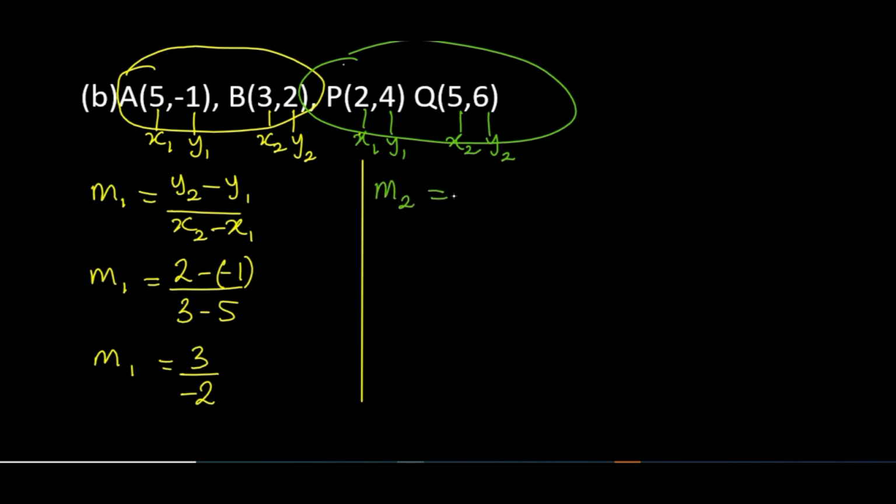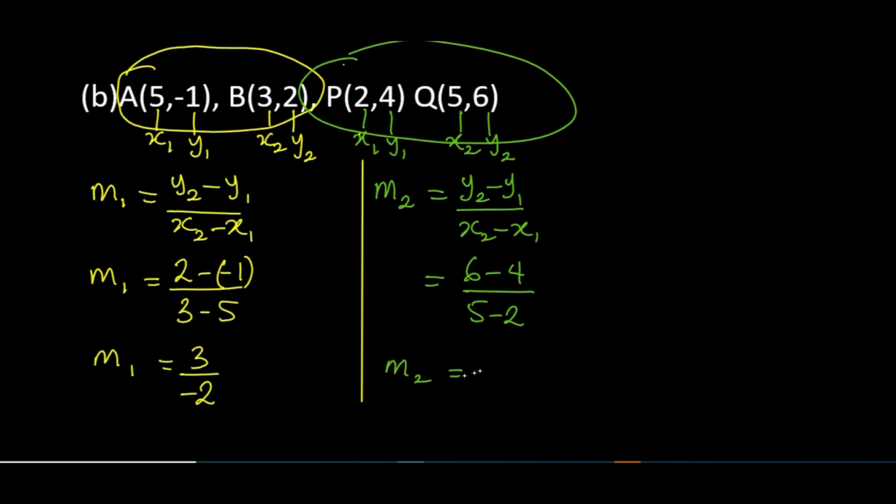The gradient of PQ will have to be m2. So we have y2 minus y1 over x2 minus x1. Okay, in this case, we have the 6 minus 4 over the 5. We have the 5 there for the x2 minus 2.